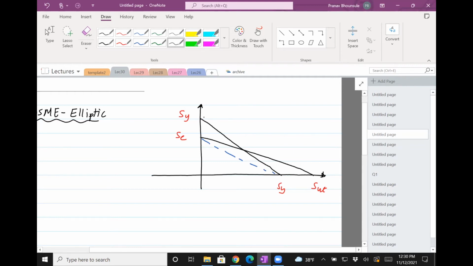Then we have the Gerber line. And the final line, which is the one joining this point to SEY.